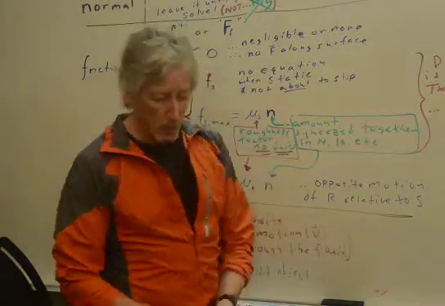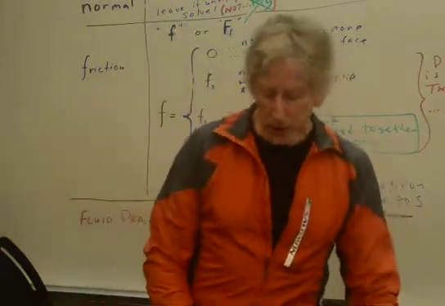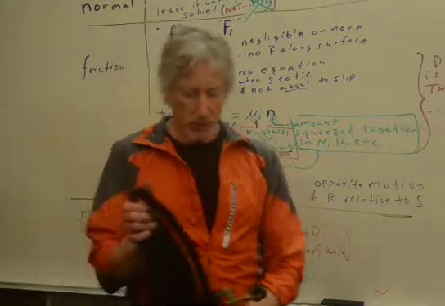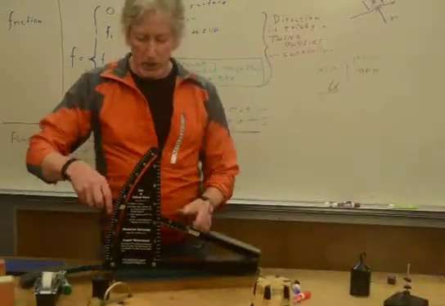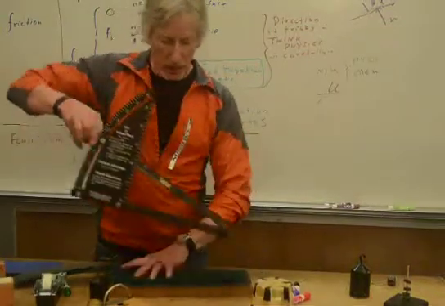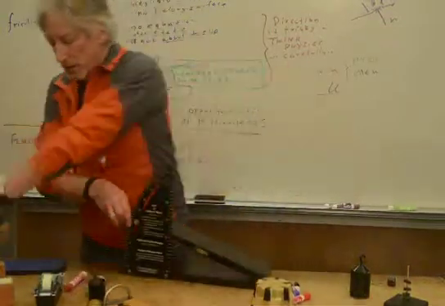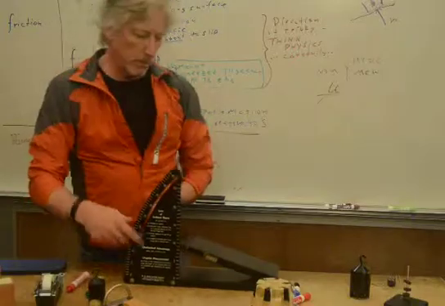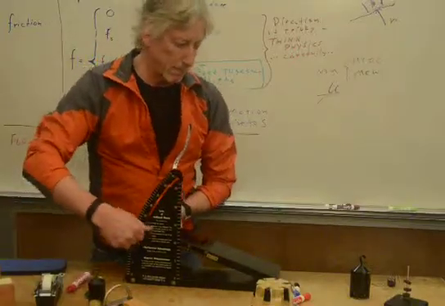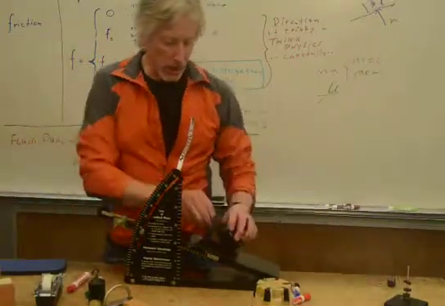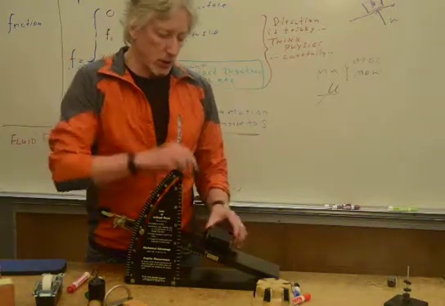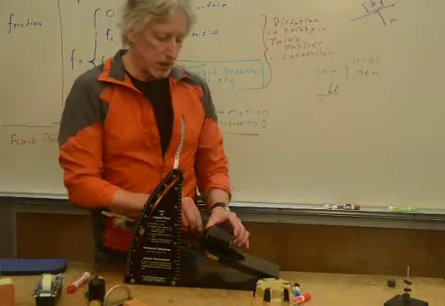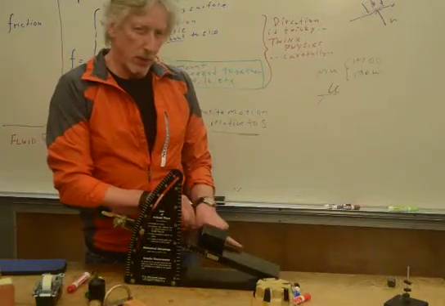Okay? All right, so let's just explore that a little bit more. Take an object, and it is about to slide up, then the friction, the grooves between these, is going to be down.